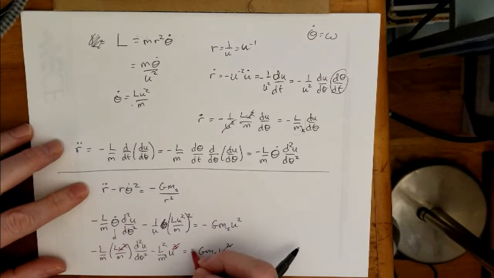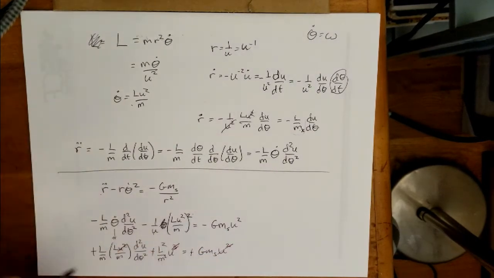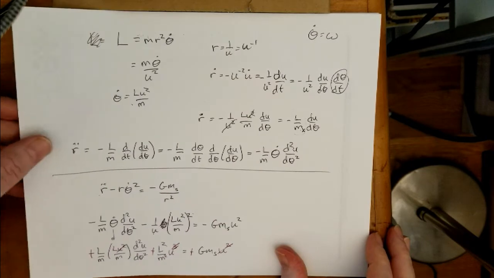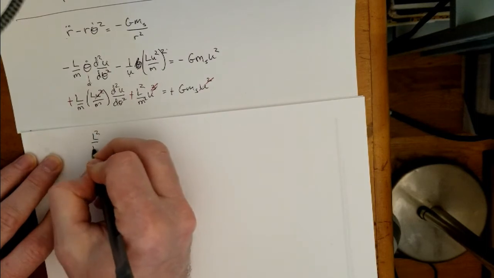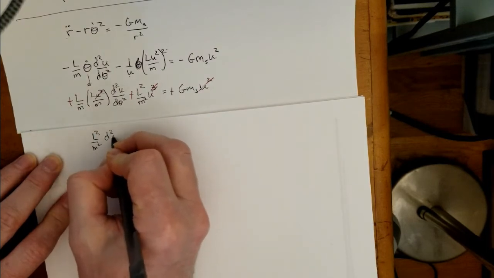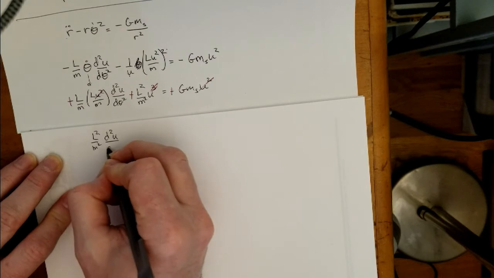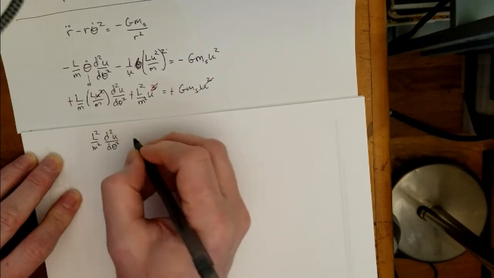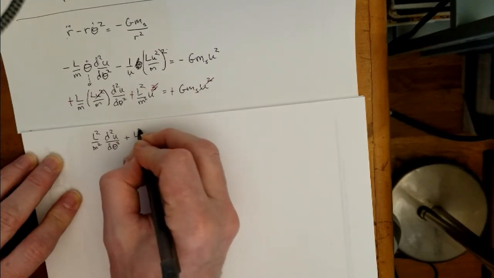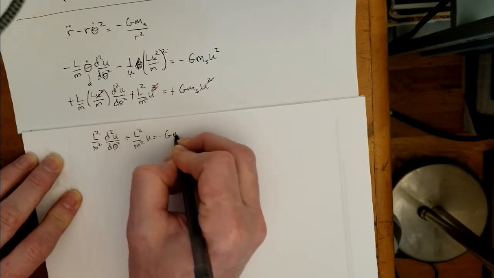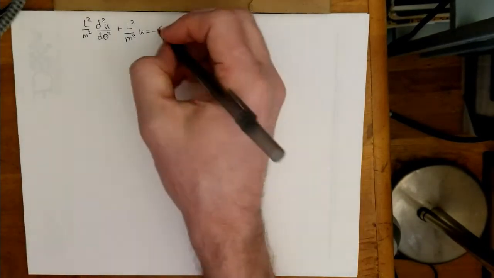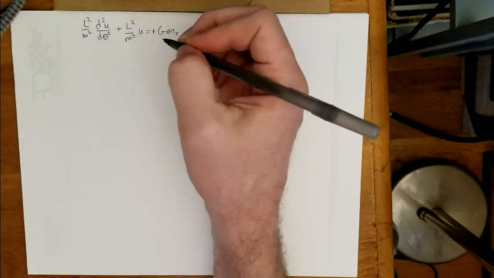And the minus sign will cancel off because every term is negative. So I have L squared over m squared times the second derivative of u with respect to theta, plus L squared over m squared u equals G mass of sun. Oop, it is positive because we got rid of that negative sign.